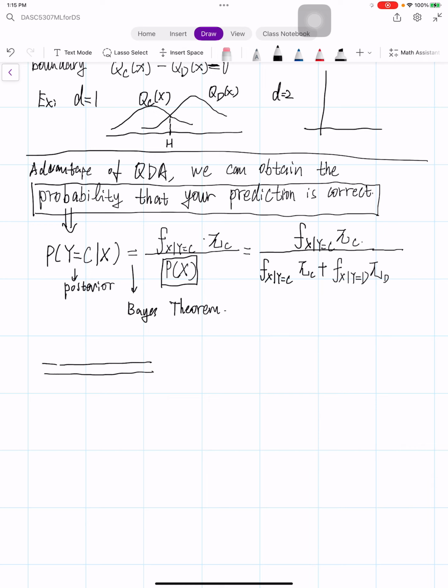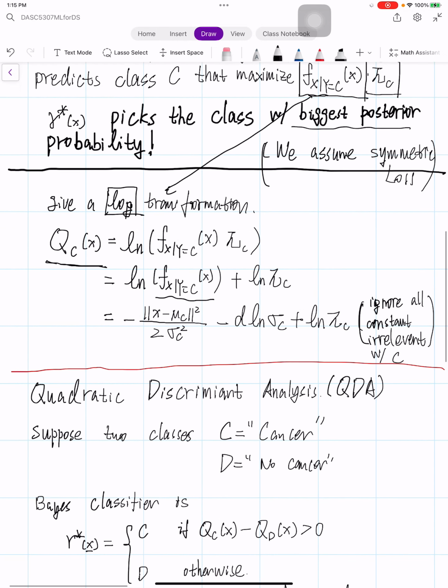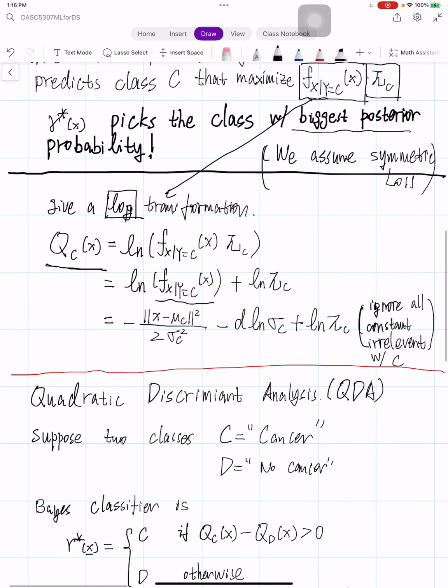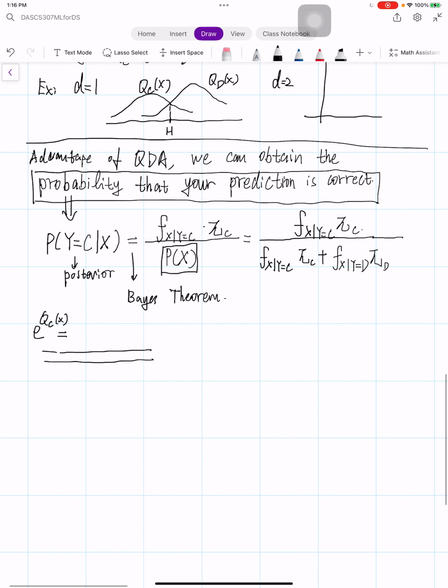So recall e to the power QC of x is the exponential of the natural log of this quantity, which gives f of x given y equal to C times pi C. And actually this will simplify to e to the power QC of x divided by e to the power QC of x plus e to the power QD of x.